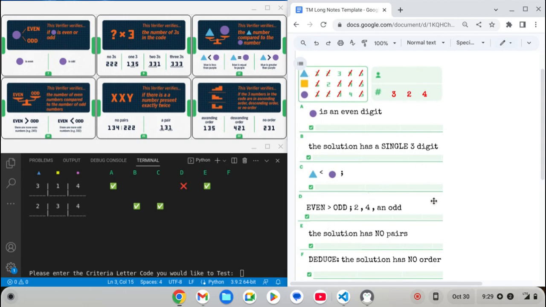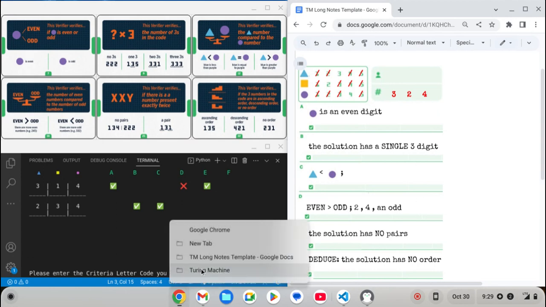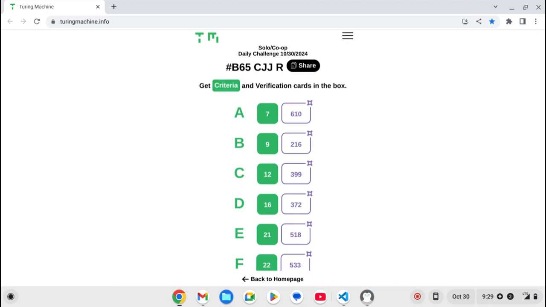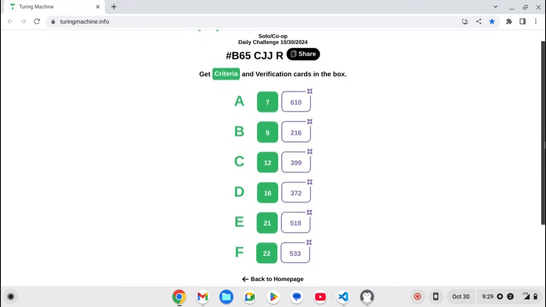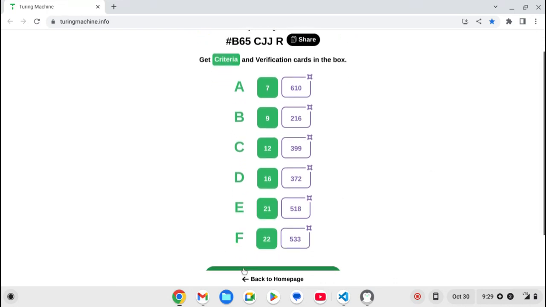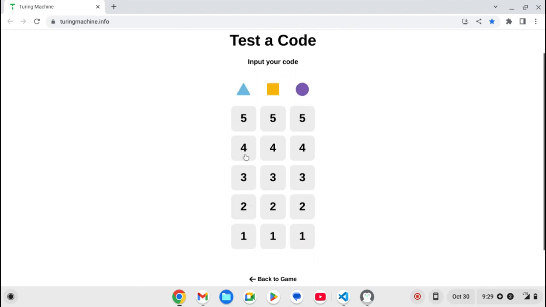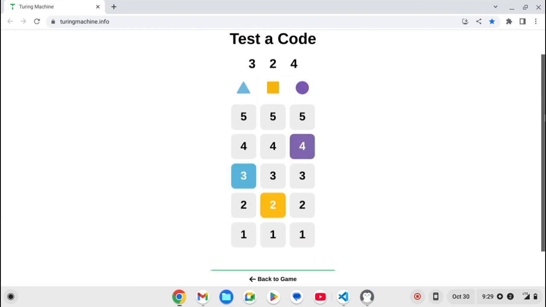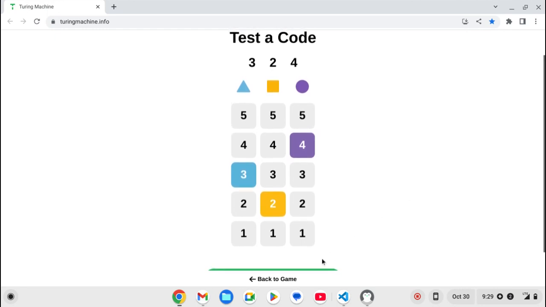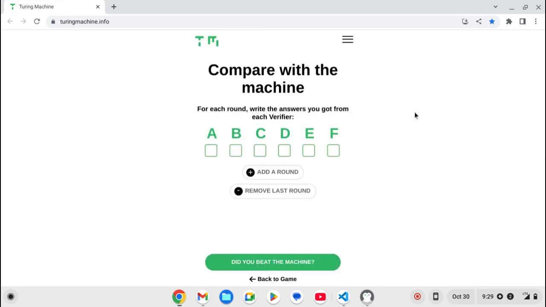That's correct, and has no order. Well, it looks like that works out. And so let's actually verify that 3, 2, 4 is our solution. Okay, fantastic.